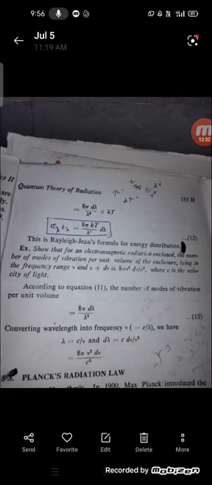So we have the formula for the energy density.